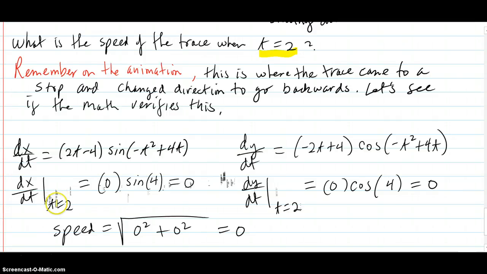Evaluating dx/dt at t equals 2, you plug in 2 there and you get 0, and that zeroes this whole thing out. dy/dt, plug in t equals 2, 2 plugs in right here, zeroes that out, you get 0, and sure enough the speed is the square root of 0 squared plus 0 squared, which is 0. So momentarily, when the parameter value is t equals 2, the trace has stopped in order to turn around and go backwards.